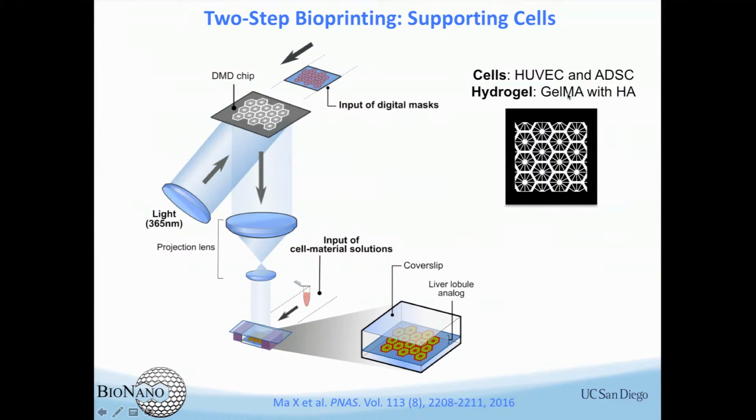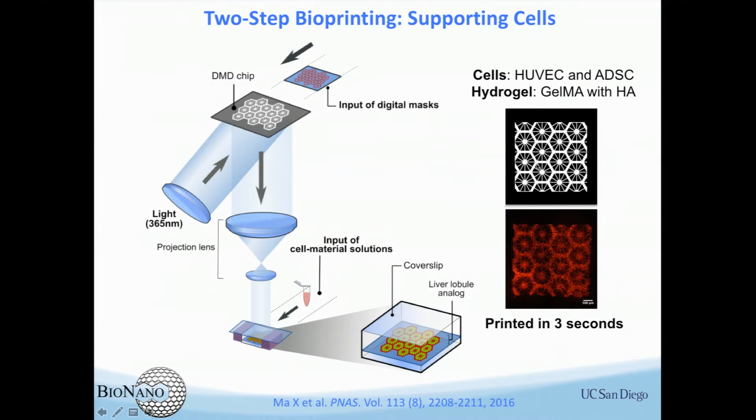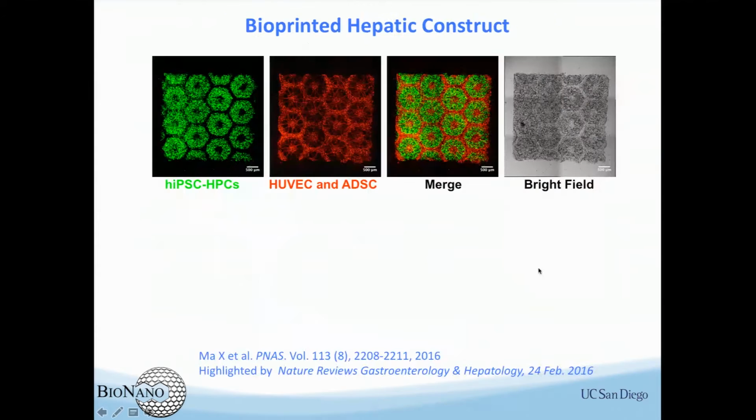They are mixed with gelatin plus hyaluronic acid, another extracellular matrix material that's in the body. Once you mix them together, you print them with the pattern that you left over in the last print. So in this case, I have the endothelial cells mixed with this new hydrogel and then form these patterns.